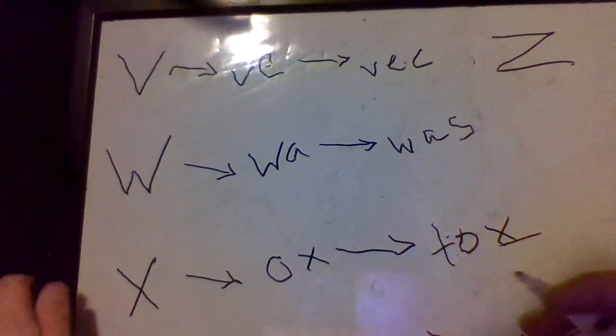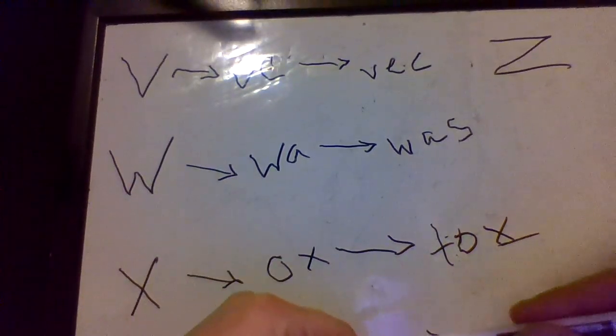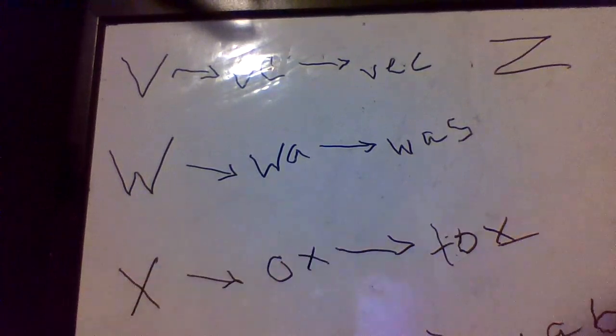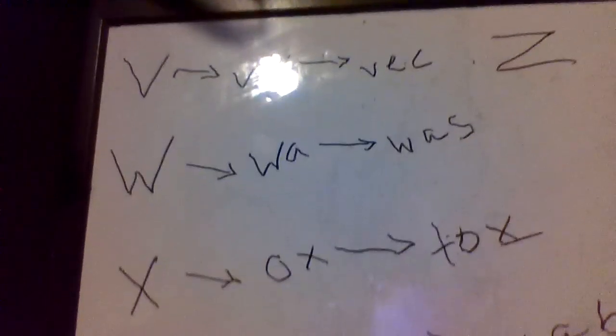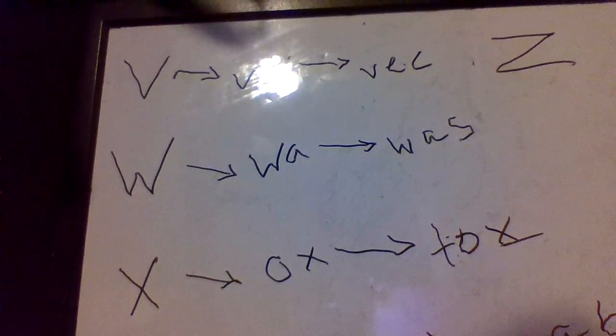Alright, so now let's get to the letter Z, the very end of the alphabet. The letter Z makes a Z sound. Z. And Z usually comes at the end of words, like Y does, like X does, more times than not, like W does.